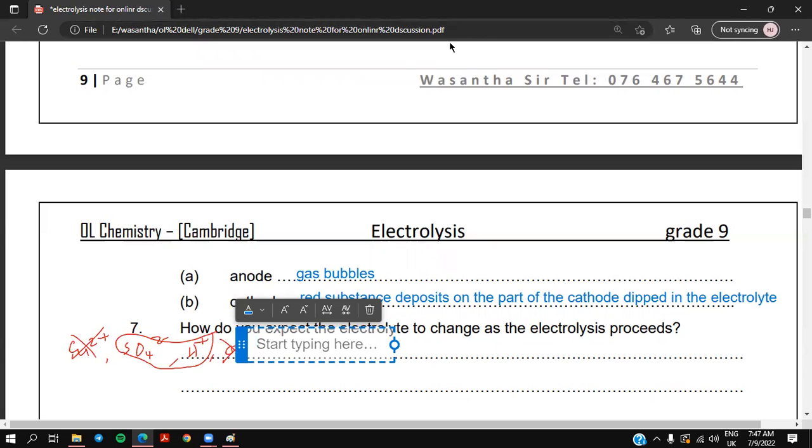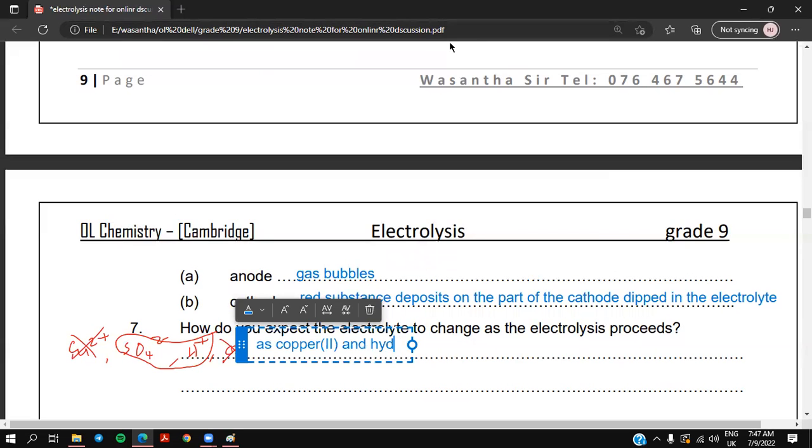We can write it as copper 2 and hydrogen ions. It's copper 2 and not hydrogen, it should be hydroxyl ions.